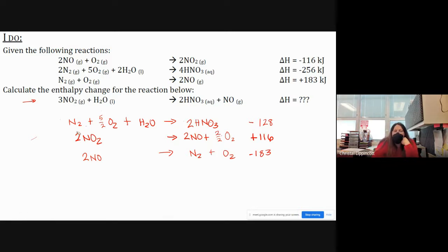So if I have this as a 3, and this is a 3, and this is a 3, this will become 174.